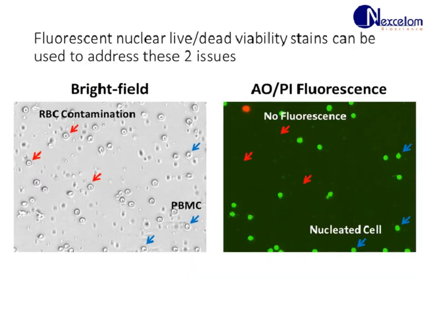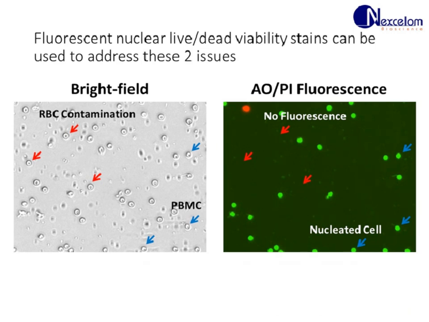So the fluorescent nuclear live/dead viability stain mentioned earlier can address these two issues raised from using Trypan blue. You can see in the bright field there are these RBC contaminations, with the biconcave morphology, and also the PBMCs with the blue arrow.